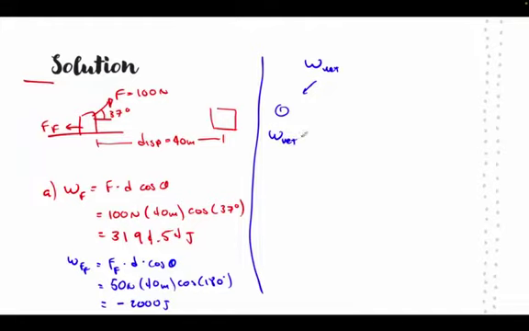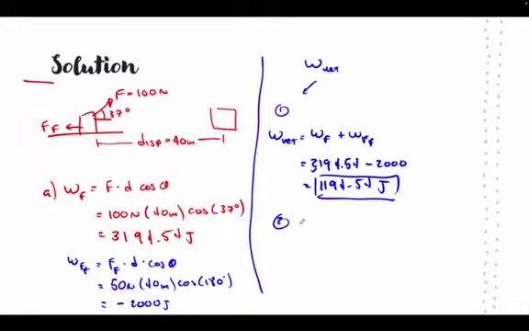So our net work is going to be equal to the work done by F plus the work done by friction. This is going to be equal to 3194.54 plus negative 2000. This is going to be equal to 1194.54 joules.